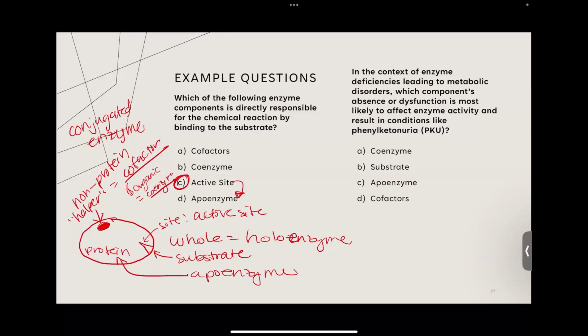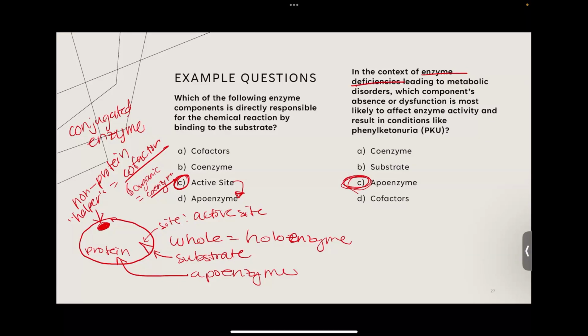Next question, in the context of enzyme deficiencies leading to metabolic disorders, which component's absence or dysfunction is most likely to affect the enzyme activity and result in conditions like phenylketonuria? So enzyme deficiencies, where you don't have your enzyme acting on your substrate, right? So if we don't have the apoenzyme, that's the part I would be the most concerned about because that's the part that actually acts on the thing.